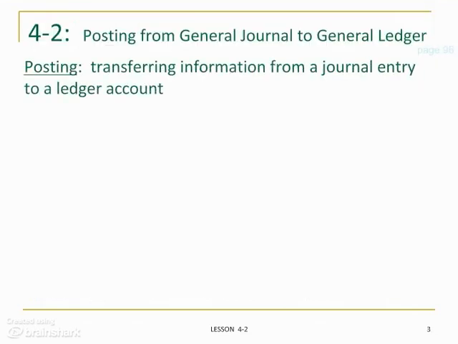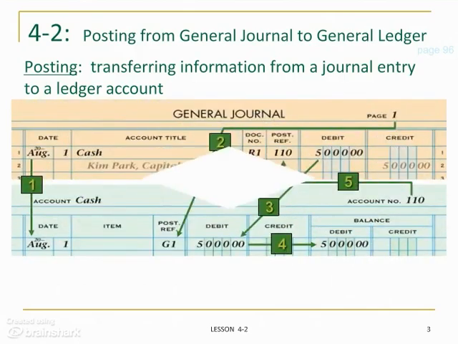So what is posting? Posting is literally defined as transferring information from the journal entry into the ledger. Posting sorts journal entries so that all the debits and credits affecting a single account can be brought together in one place.